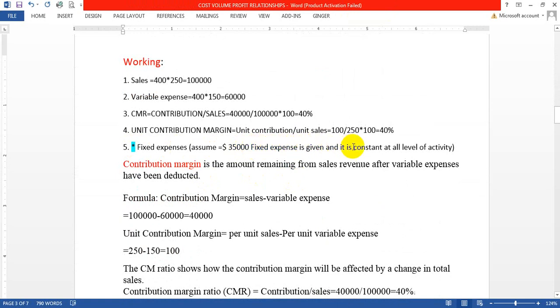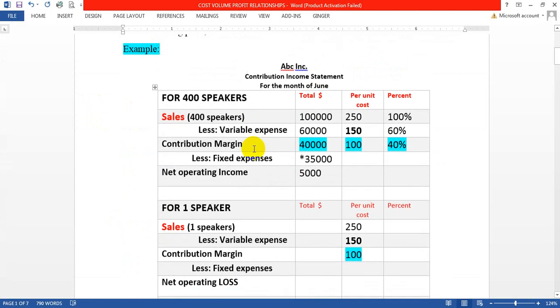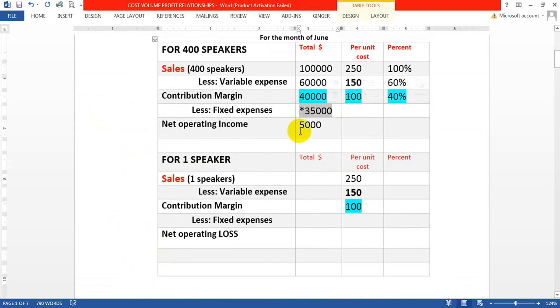The fixed expense is given, and it is constant at all levels of activity until and unless you change it, right? How much is given here? 35,000. So again we will move here: the fixed expenses are 35,000 and the net operating income is 5,000.